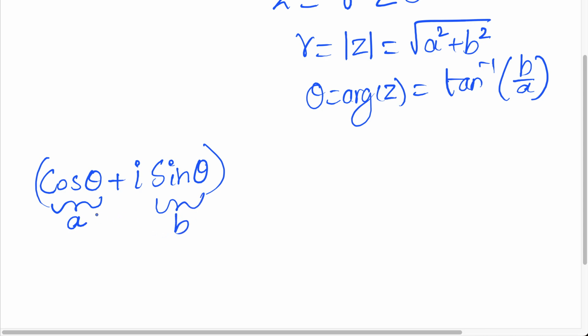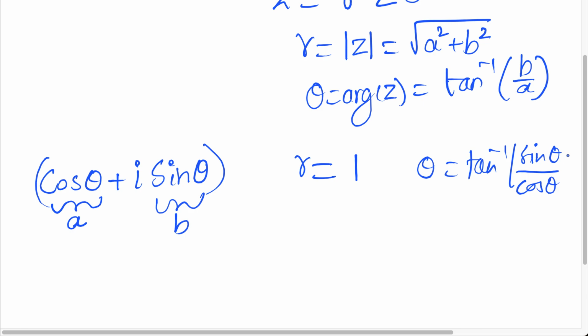One interesting thing to note is that this also immediately gives us the modulus and the argument: r is 1 here, the modulus, because cos squared theta plus sin squared theta is 1, and the argument is theta, because tan inverse of sin theta upon cos theta will be tan inverse of tan theta, which is theta, right?